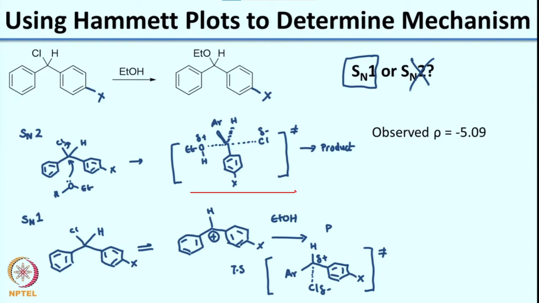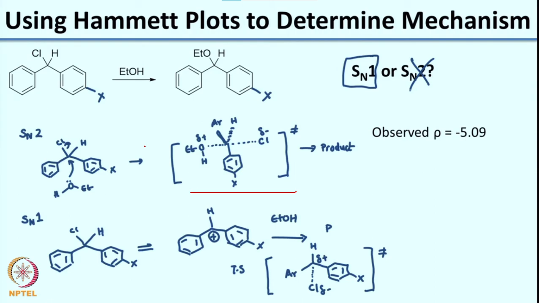But if it proceeds via the SN1 mechanism, positive charge will generate here, that means carbocation formation. Then that carbocation will be trapped by the nucleophile.